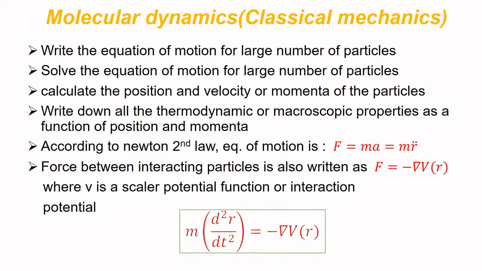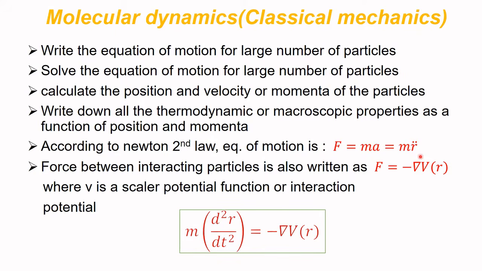So when we have a number of particles in our system, they are always going to interact with each other, and so there will be a force between them, and the force is defined by F equal to negative gradient of the scalar function V. So V is a scalar potential function here, or we will call it an interaction potential, as written here.